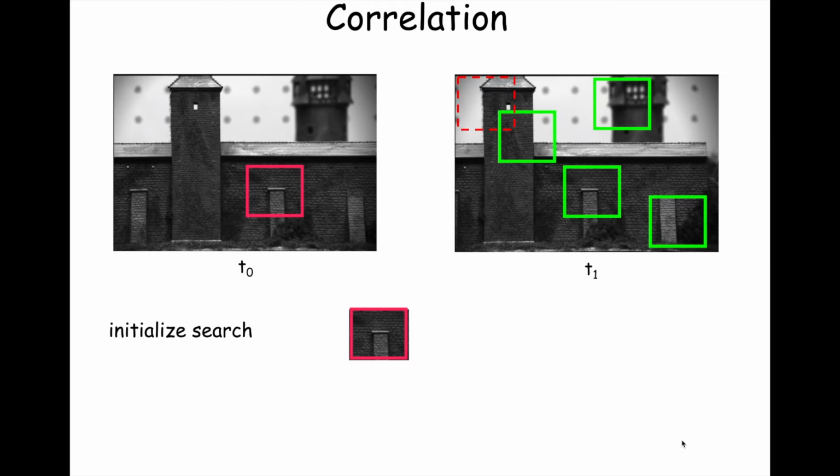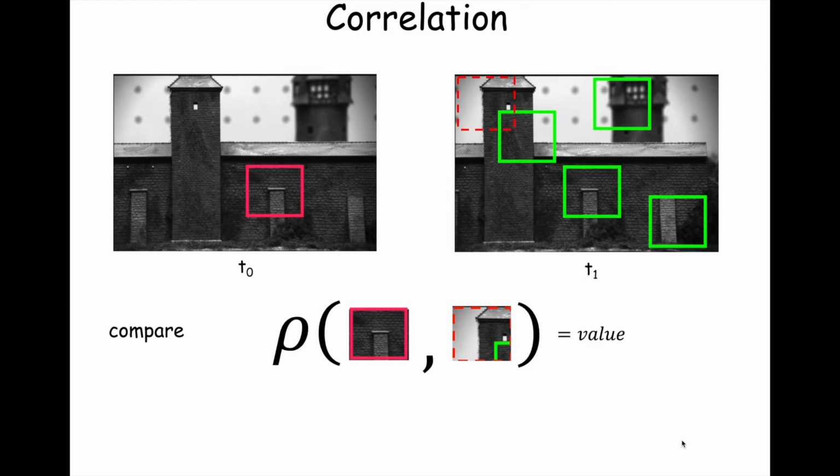And so you start out, you initialize your search, you have your query, and that query remains fixed. And then you have the cropped region in that image at time T1 in its first position. You compute some score like correlation. It gives you a value where that value will range, in this case, from 0 to +1. Certainly correlation itself as a measurement can range from -1 to +1, but you tend to get negative values if you're dealing with negatives at time T1.